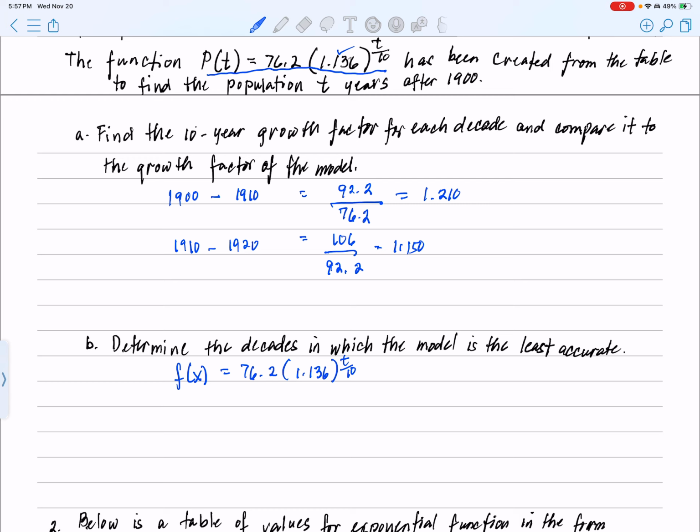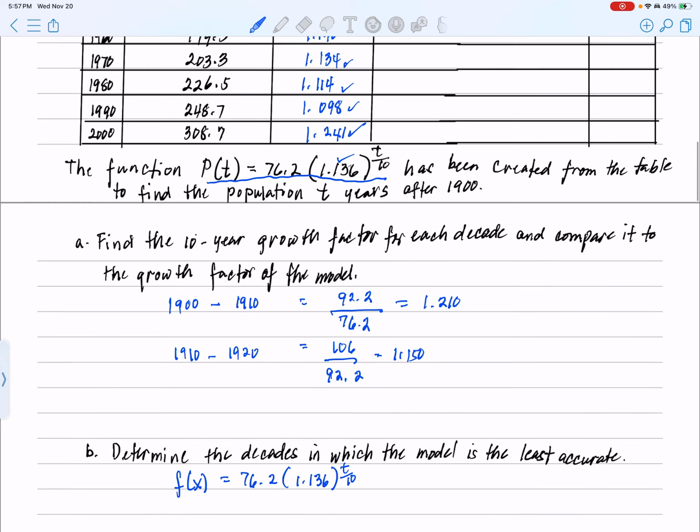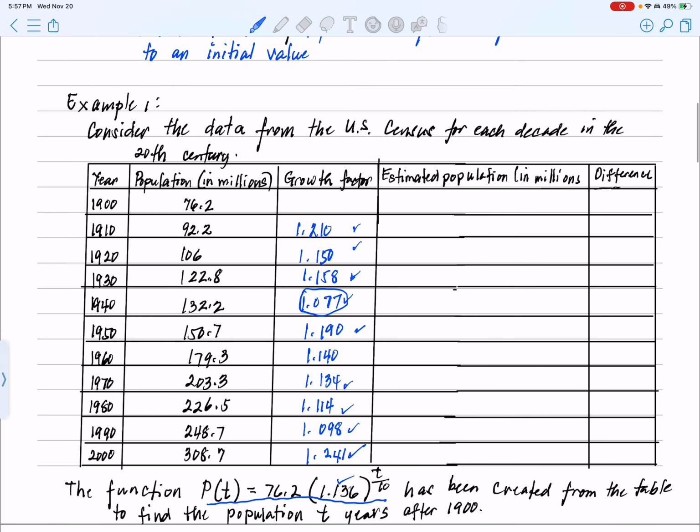So this is still the estimated population at this time. So we're going to start with 76.2. All right.